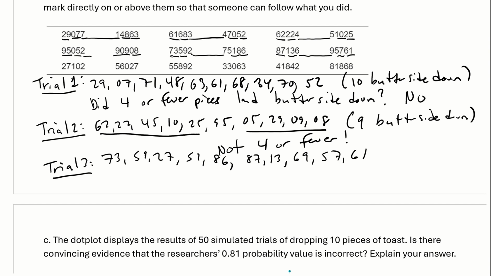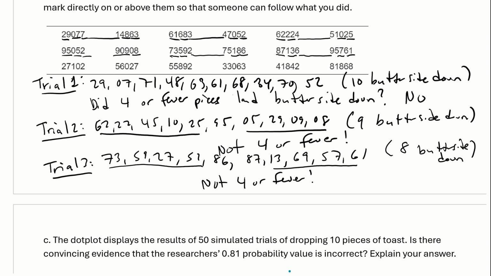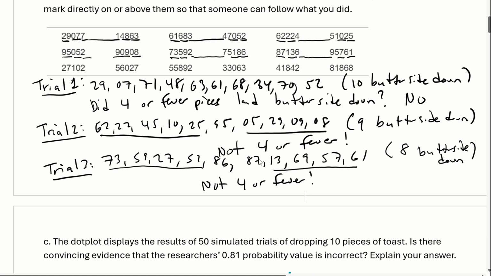And for trial 3, these are butter side down. So this is 8 butter side down. Okay, so not 4 or fewer. All right, so none of these trials had 4 or fewer butter side downs. So that means that it's a rare occurrence. So that's important to note.